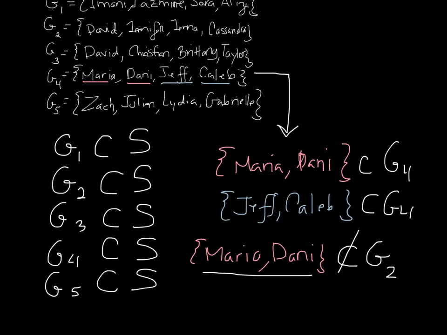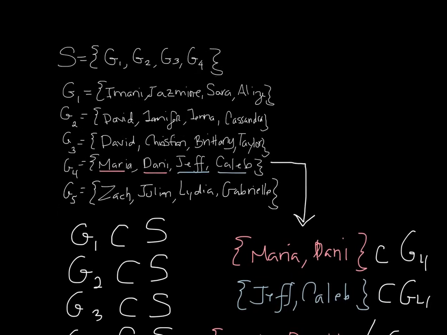Maria and Danny are not in group 2. They don't belong in group 2. So that's one way of writing it. There was something else maybe I wanted to point out. I think that's it. Again, I'm just trying to connect things in class. It just makes this easier.